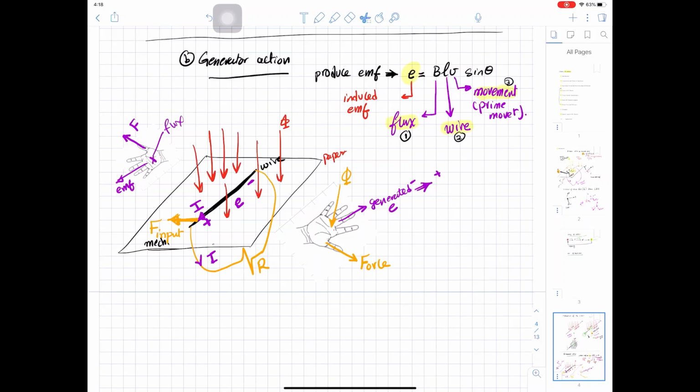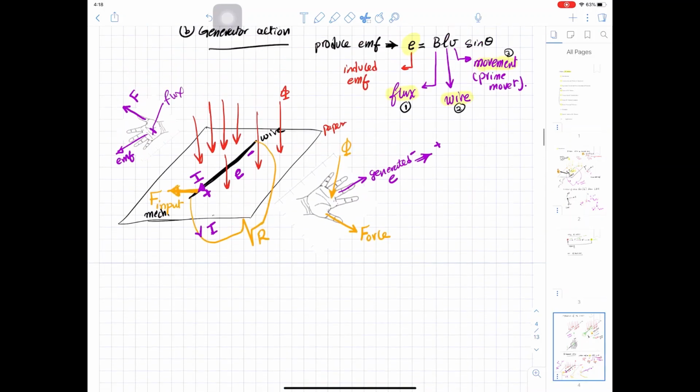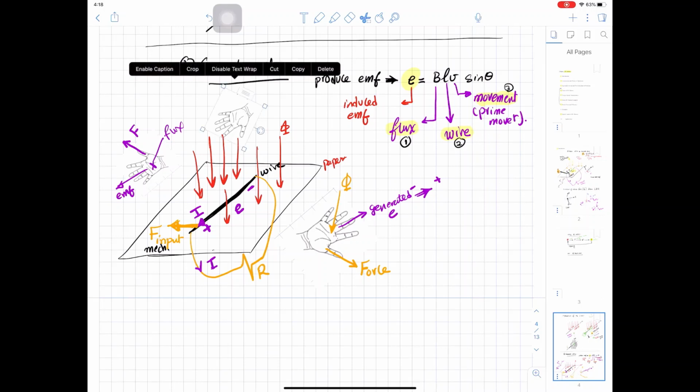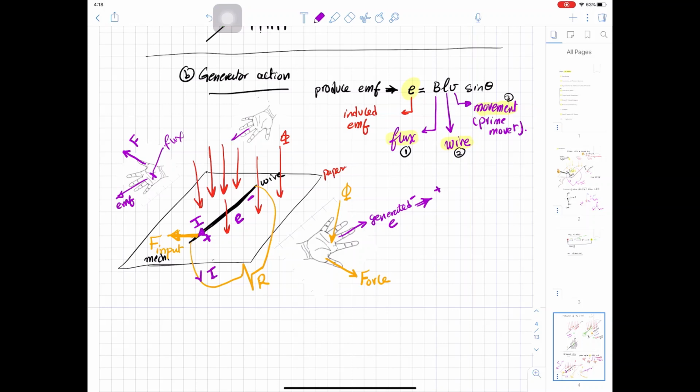So we need to use the left hand rule. The current is going in this direction, I, flux into your hand.